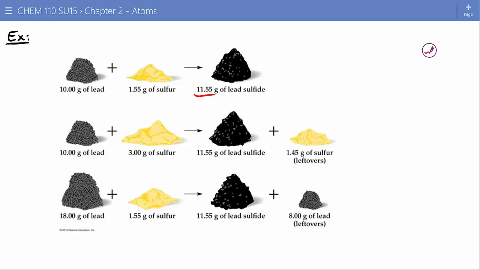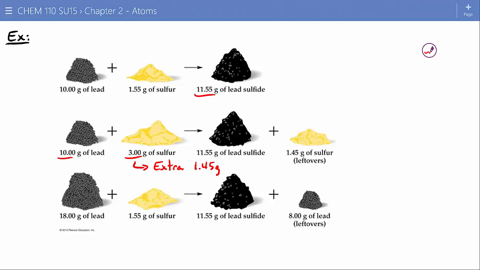But then in the next example, if you look at it, we still have 10 grams of lead, but now we've got 3 grams of sulfur. Another way of thinking about this is compared to the one above it, we now have an extra 1.45 grams, right? Compared to the question above it where we had 1.55.